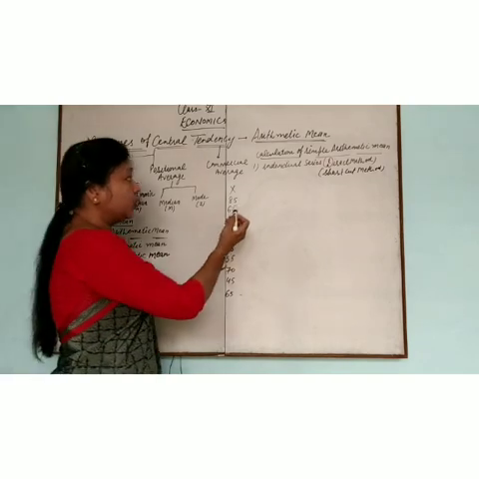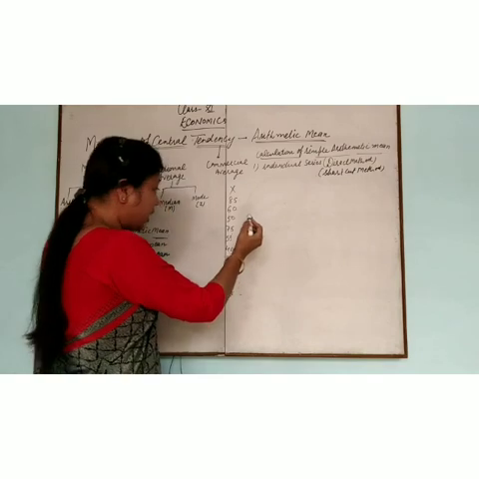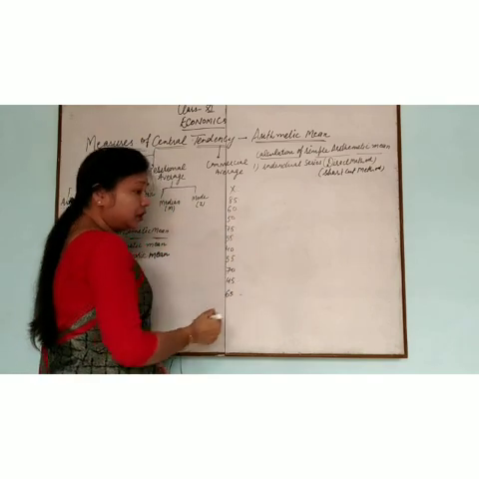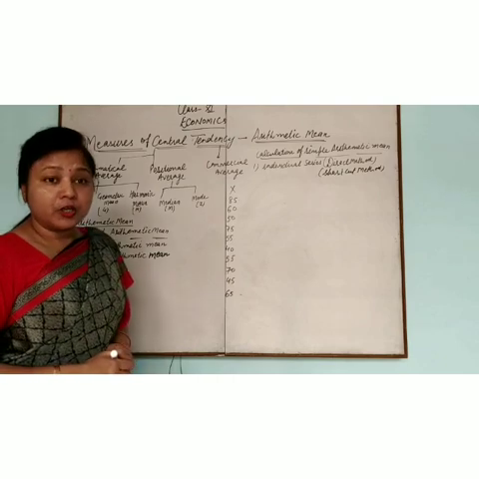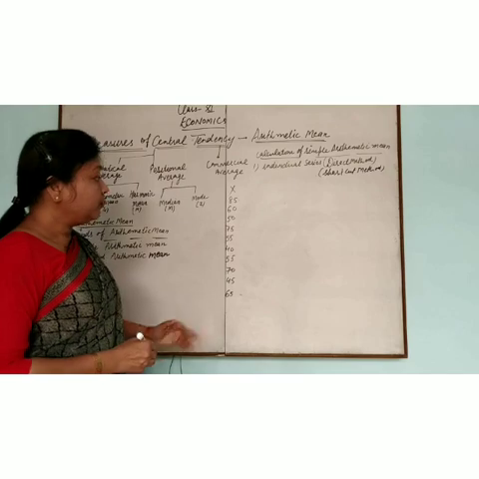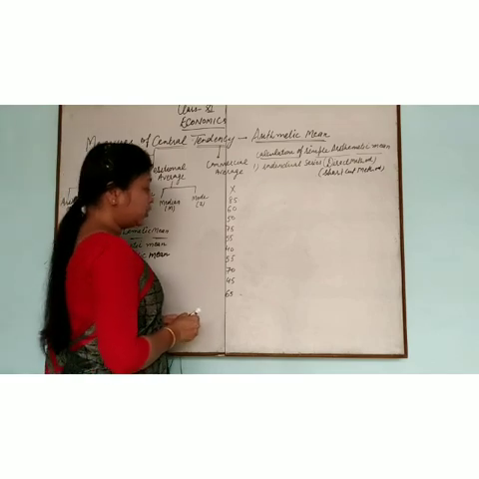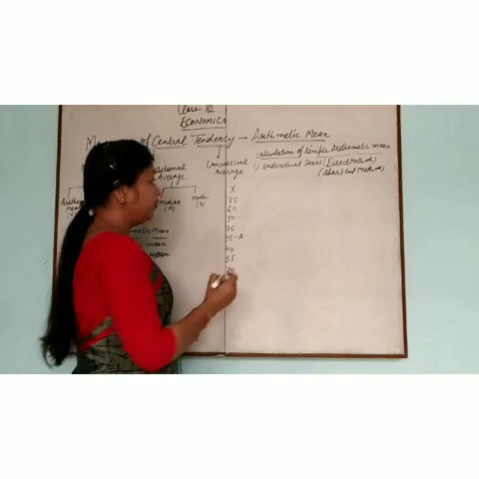Now we can solve arithmetic mean using the shortcut method. How can we calculate arithmetic mean using the shortcut method? For the shortcut method, we have to assume any value from here. Suppose we are assuming 55. A is 55.